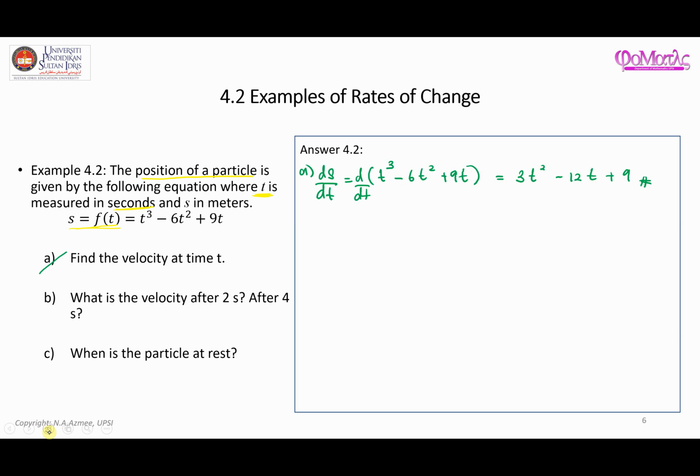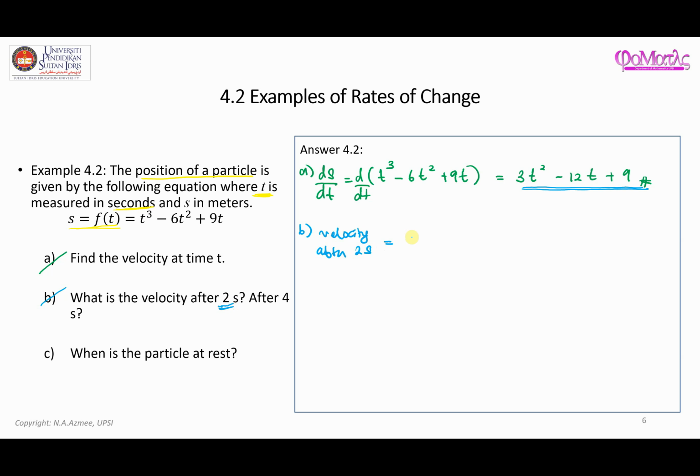Next, we're going to find the velocity after 2 seconds and after 4 seconds. For question B, velocity after 2 seconds is going to be very easy. You just substitute 2 into the result that you have here.